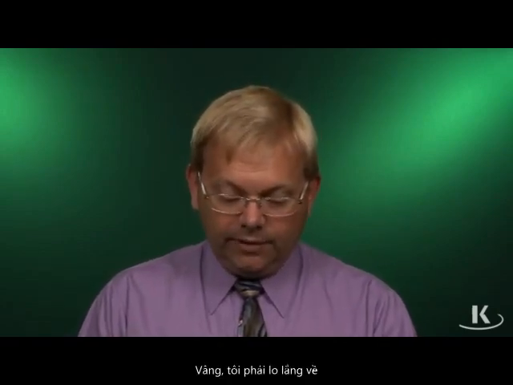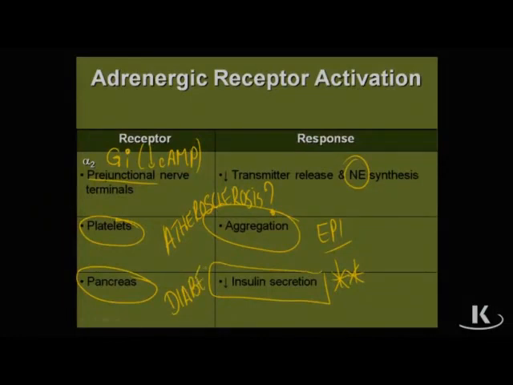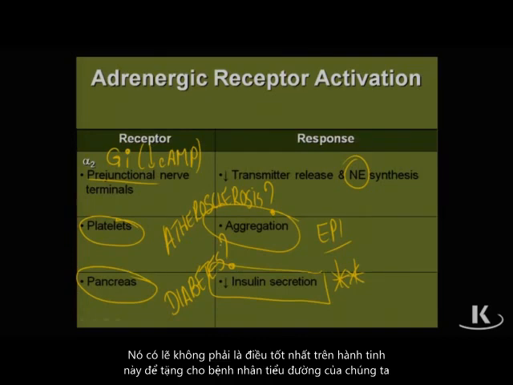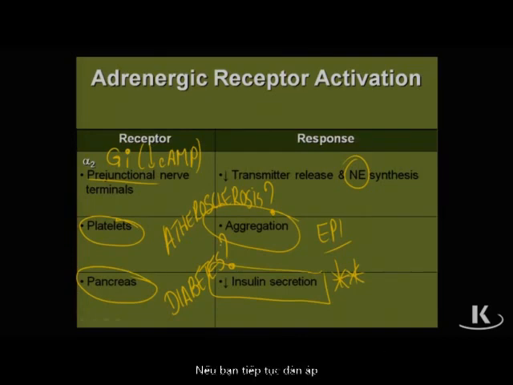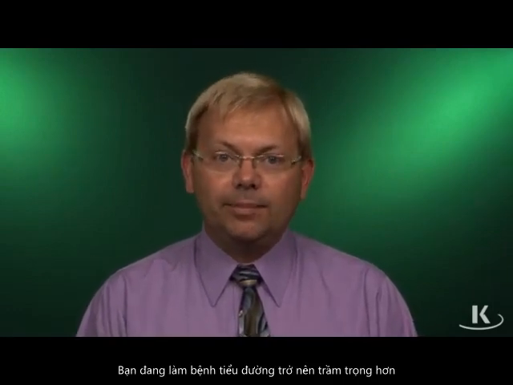Yeah, I have to worry about diabetes. An alpha-2 agonist is probably not the best thing on the planet to give to our diabetic patients. If you further suppress insulin secretion, you are worsening the diabetes in this patient.